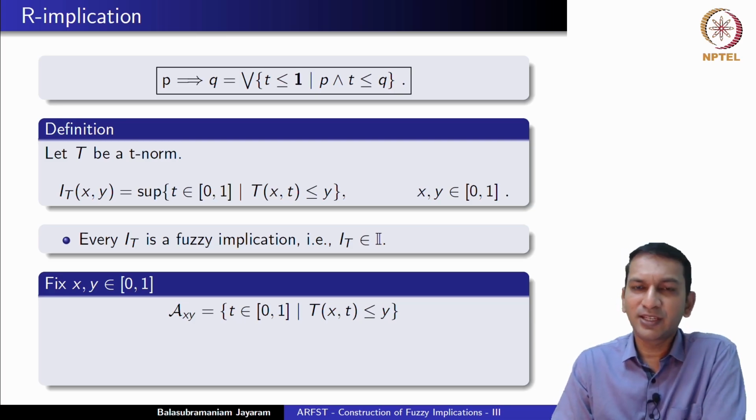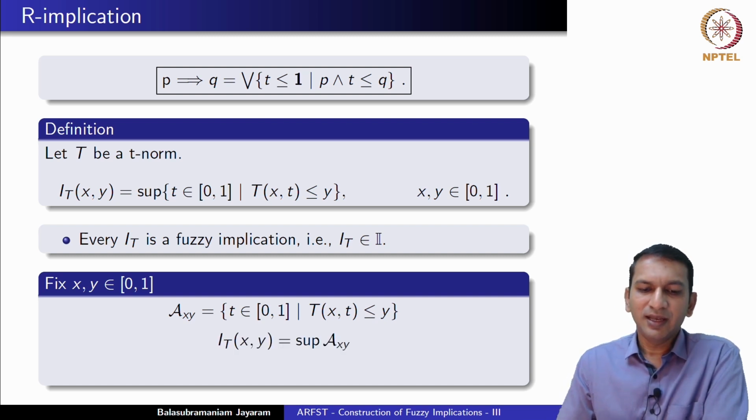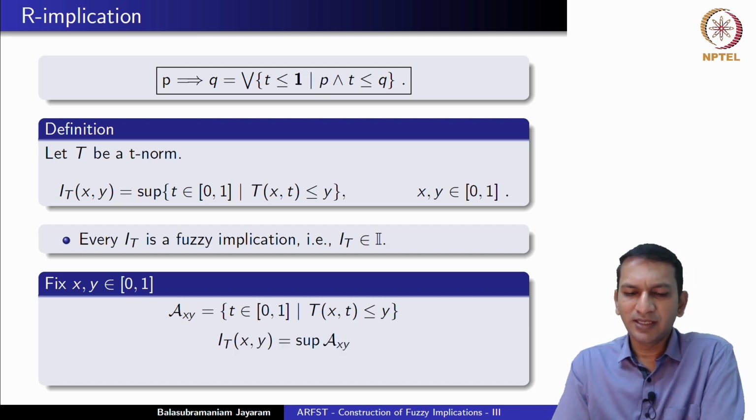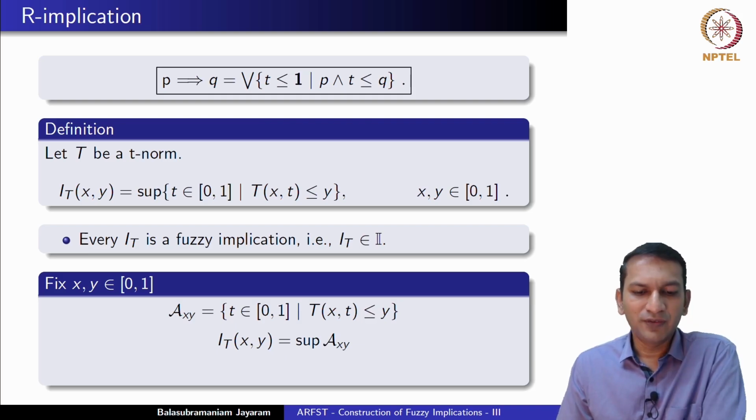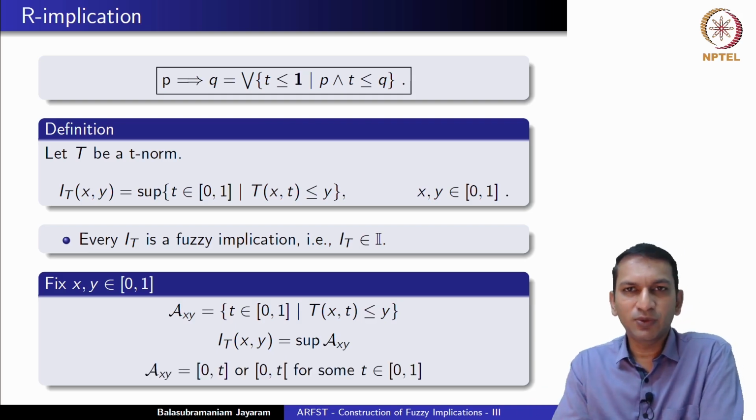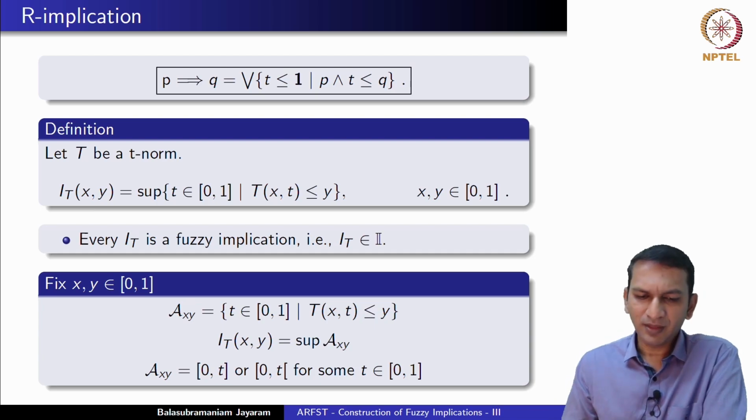If you denote by A_xy the set of all t such that T of x,t is less than or equal to y, clearly I_T of x,y is actually equal to the supremum of the set. Using the properties, especially the monotonicity of a T-norm, we have seen that the set A_xy for a fixed x,y can either be the closed interval [0,t] or the half-open interval [0,t) for some t belonging to [0,1].